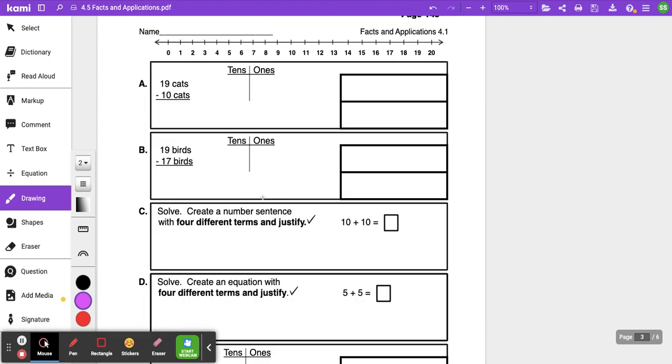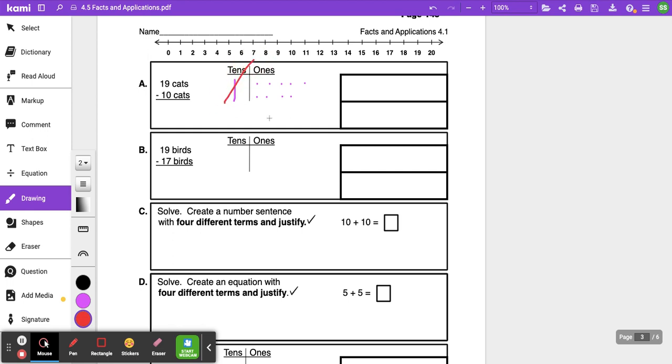Here we have it, just like we've been practicing every day this week. 19 minus 10. If I put it over here, the 10 and my 9 ones, and I want to take away 10. If I take away 10, am I taking away ones? No, it's the 10.